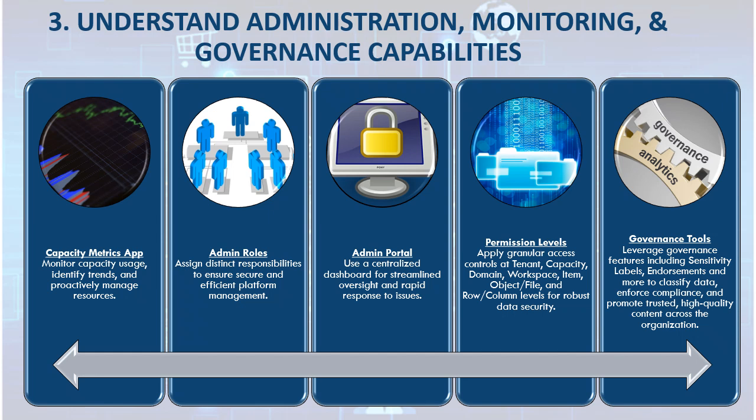Equally important are Fabric's governance tools, like sensitivity labels and endorsements, which help classify data, enforce policies consistently, and promote trusted, high-quality content across the organization. By effectively combining these tools with disciplined governance practices, organizations can build a secure, compliant, and well-managed Fabric environment that scales with confidence and supports trusted analytics.